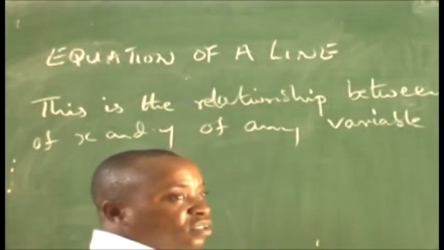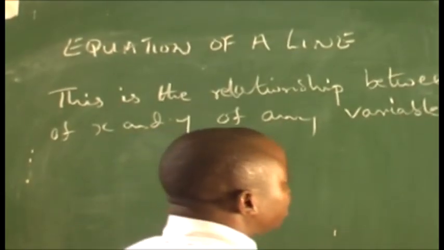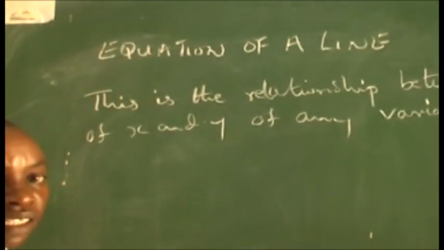If we take any points and we have the coordinate x and y, and the relationship that exists, that is the equation of a line.